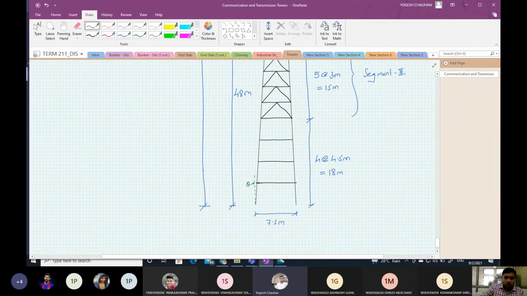This is the fourth set of panels, segment 4, and for this segment we will provide secondary bracings, otherwise the bracing members will be too slender, so we are providing secondary bracing to these.